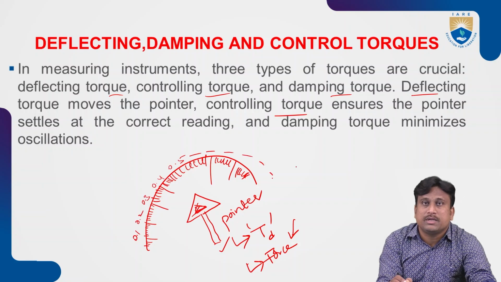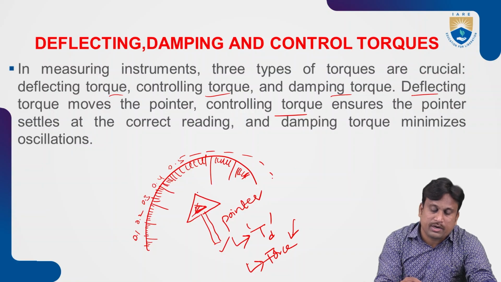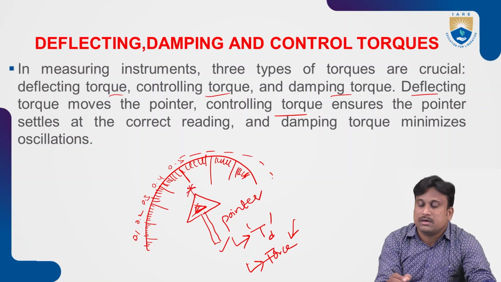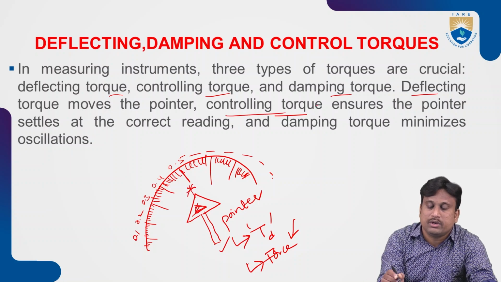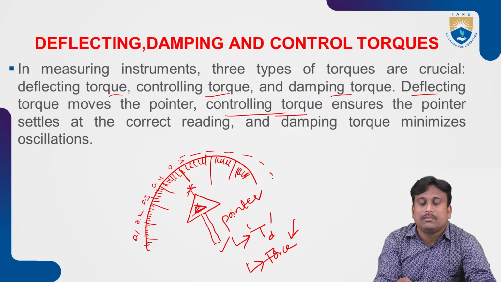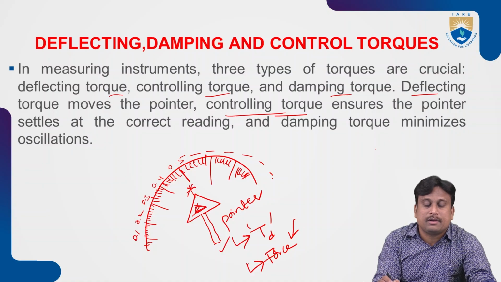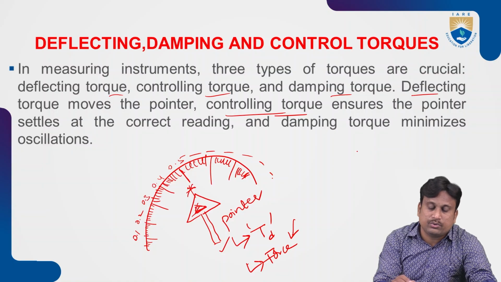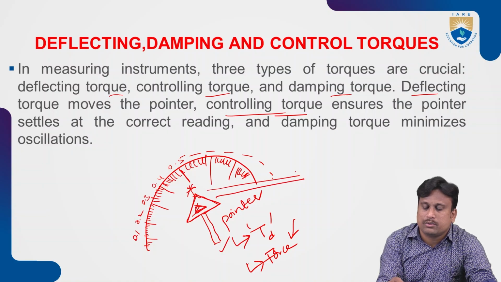The pointer may settle down at the 0.5 value, which is ensured by the torque known as the controlling torque. This ensures the pointer settles at the correct reading, the exact value where it is going to stop. This is denoted by T_C.